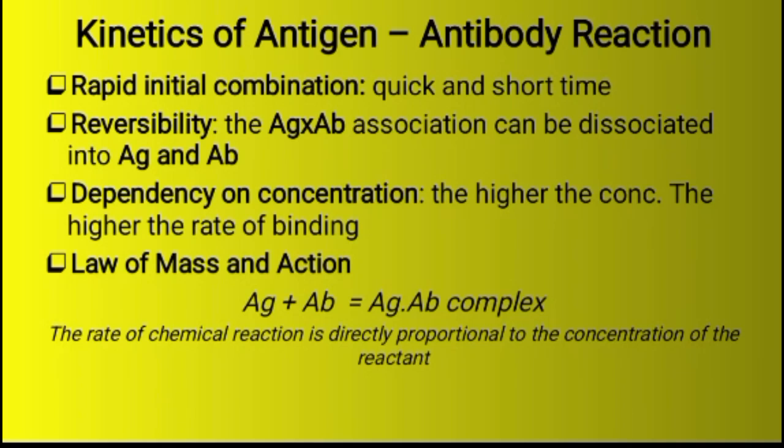Where the concentration of one of the two is low, the rate of binding will be slow. Where the concentrations are equivalent or at equilibrium, then the rate of binding will be extremely strong. Vice versa, that's why the law of mass action is also applicable in the antigen-antibody reaction. The rate of chemical reaction is directly proportional to the concentration of the reactants.